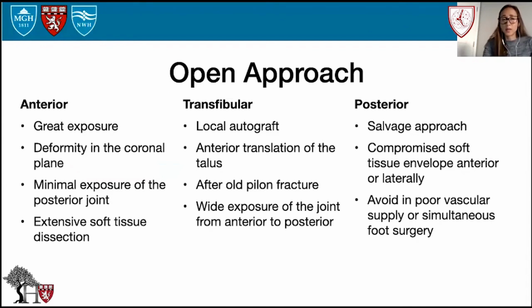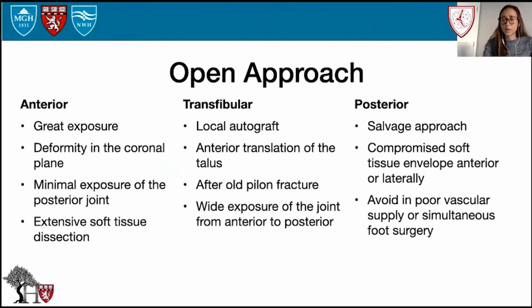It is recommended in patients with deformity in the coronal plane. The downside is that it doesn't provide good exposure to the posterior aspect of the joint, and it implies an extensive soft tissue dissection that can translate into arthrofibrosis after the whole procedure.